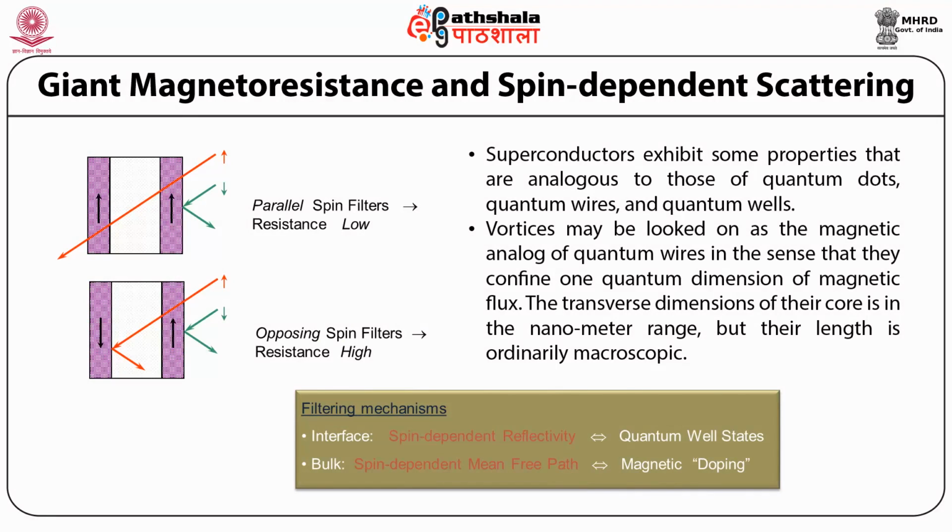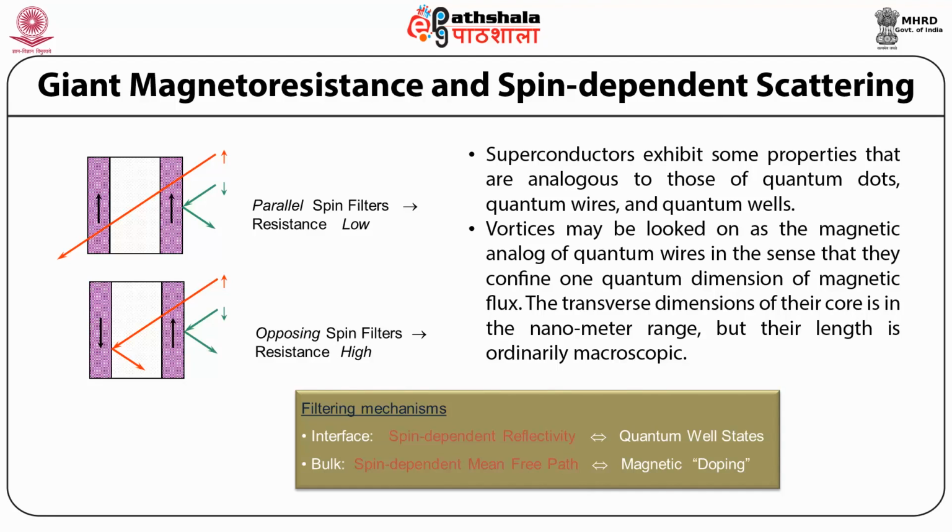dependent scattering. Giant magnetoresistance (GMR) is a quantum mechanical magnetoresistance effect observed in multilayers composed of alternating ferromagnetic and non-magnetic conducting layers. The 2007 Nobel Prize in Physics was awarded to Albert Fert and Peter Grünberg for the discovery of giant magnetoresistance.